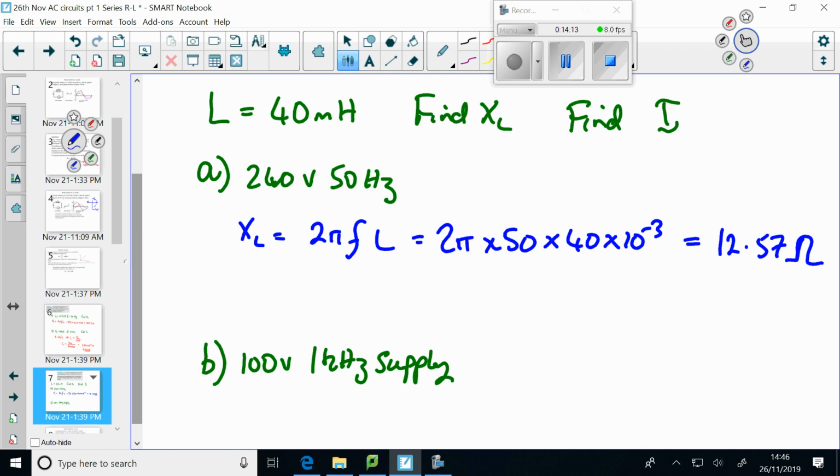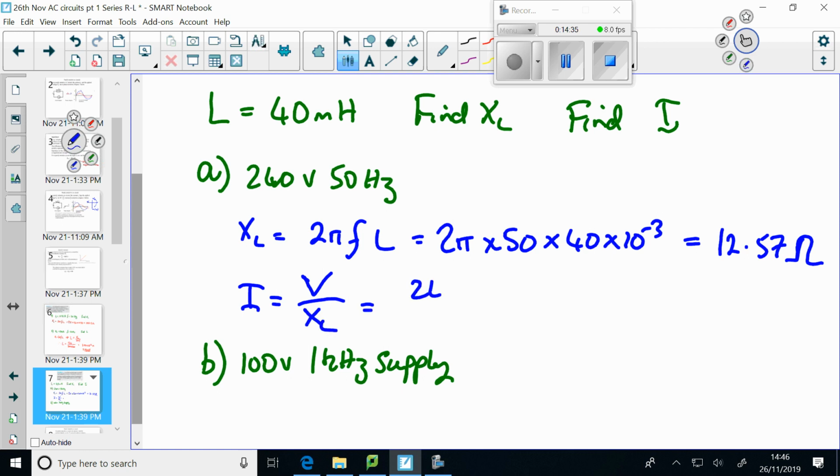Yep. So how can I find I? Which is, in this case, R is actually XL.